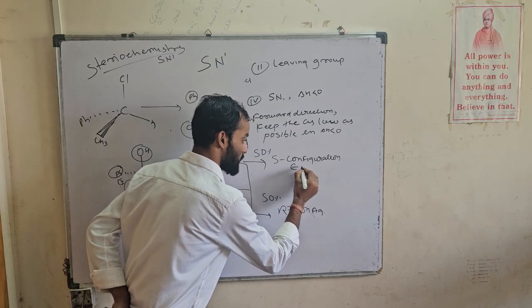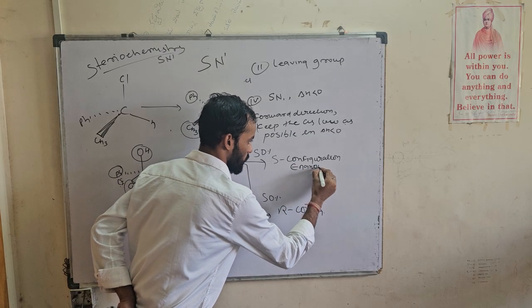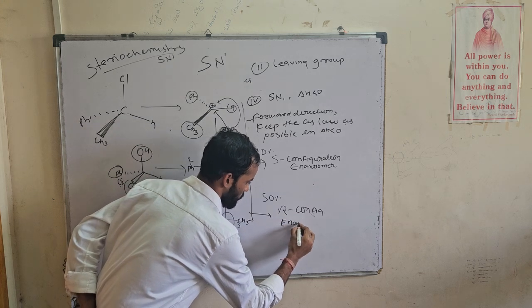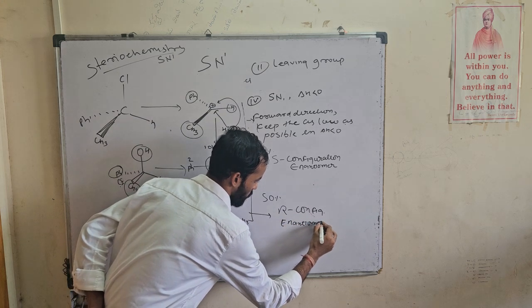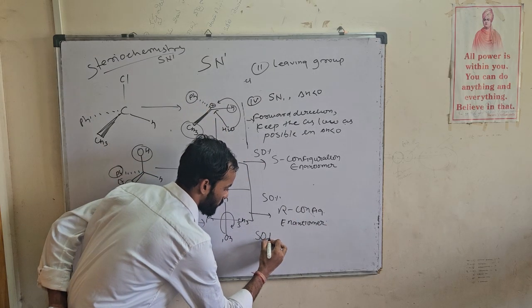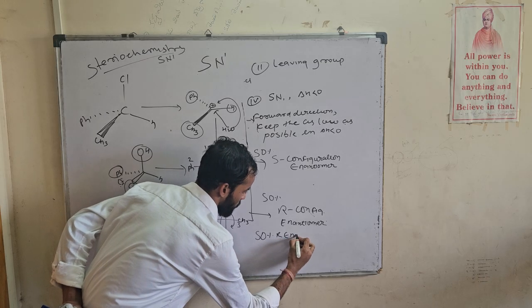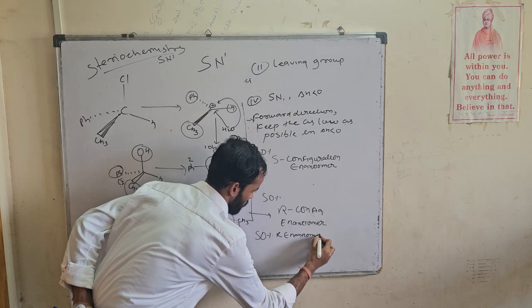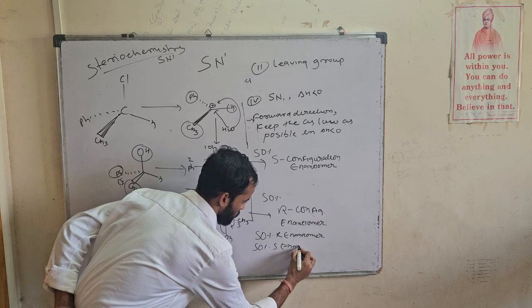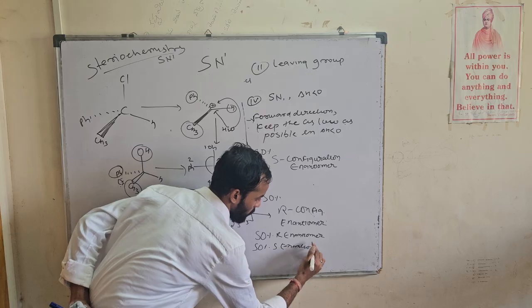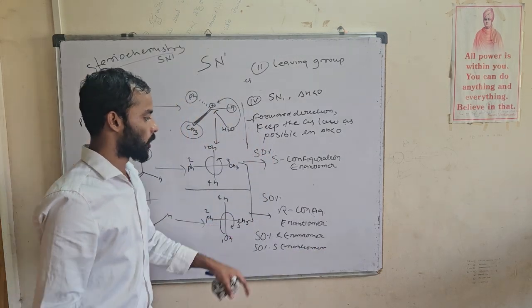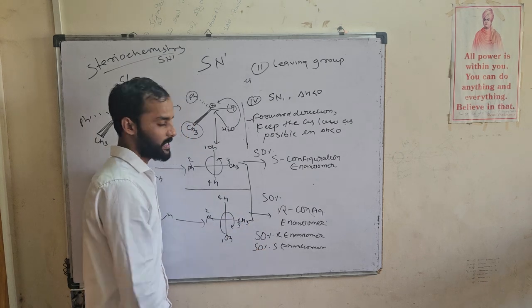This is the S enantiomer, and this is the R enantiomer. It means we get a mixture of 50% R and 50% S enantiomer.